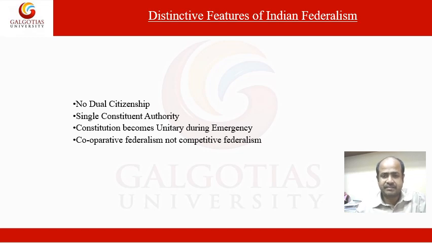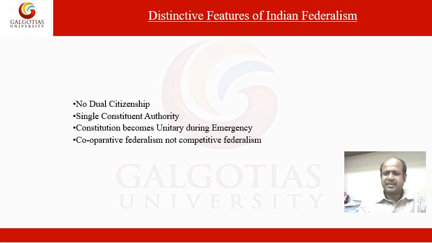This is a distinctive feature. In the classic federal constitution, dual citizenship is there, or a single constituent authority. You will see the laws are being framed by a single parliament, and there is only a single judiciary.